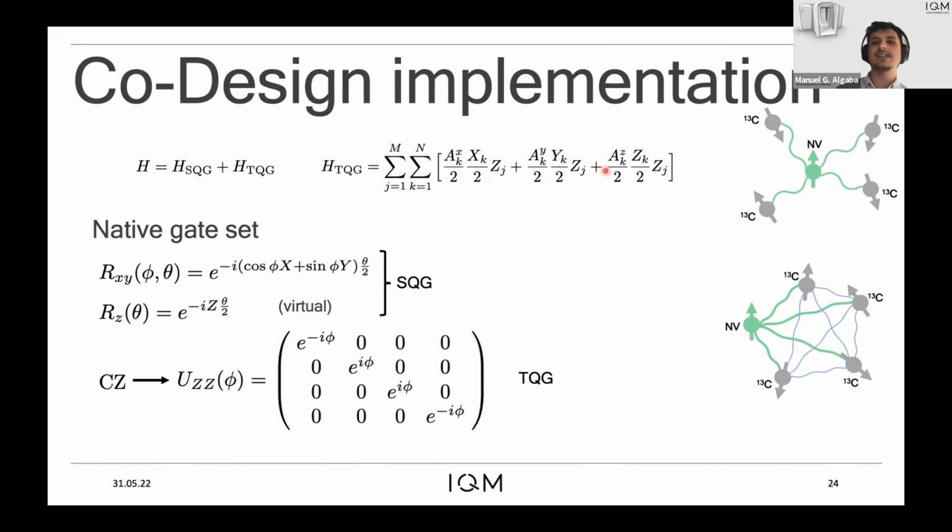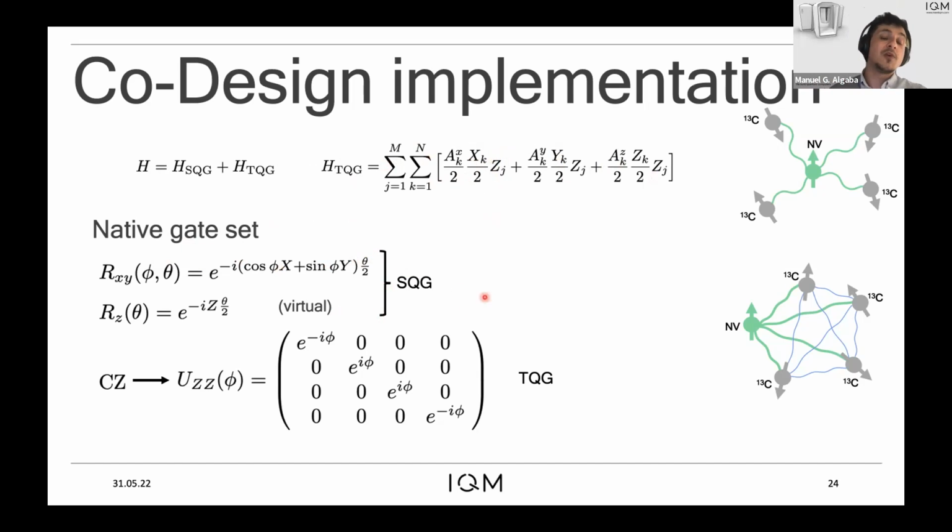So to simulate this, at the end of the day, we will need to adapt it to our native gate set in this kind of co-design spirit, because we want to make the most of each part that we can. We want to do this as efficiently as possible. So we just took our native gate set to simulate this very efficiently, instead of going, for example, for these kinds of compilers.